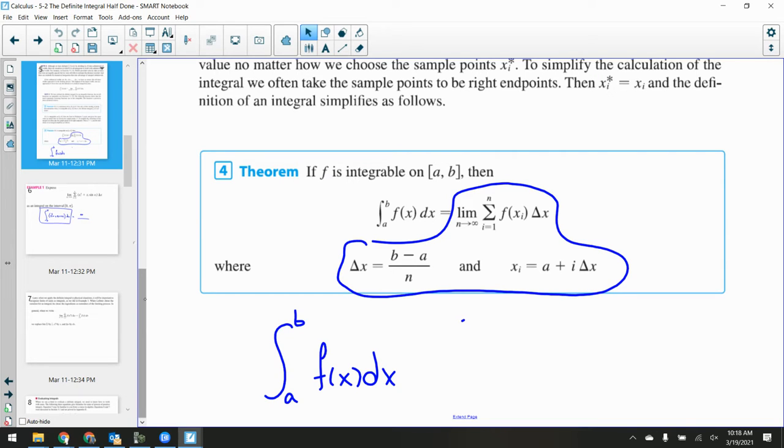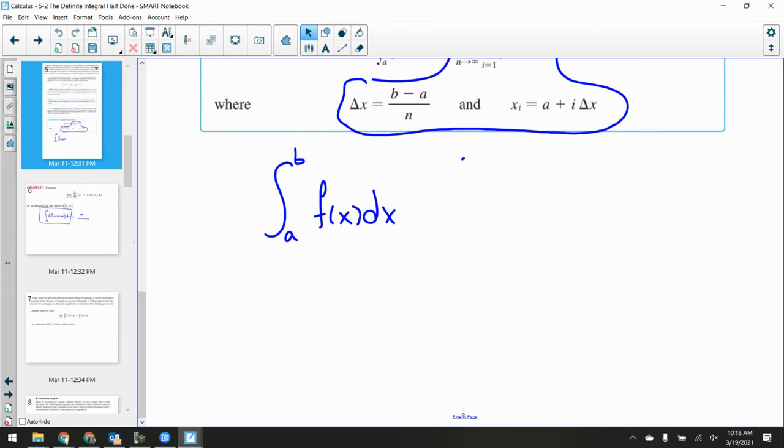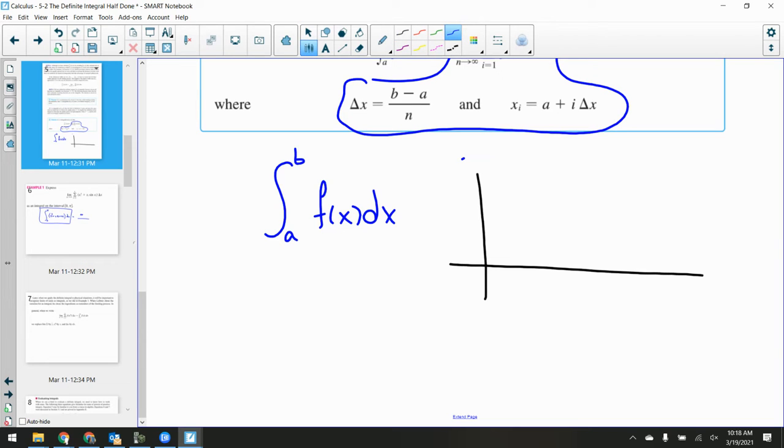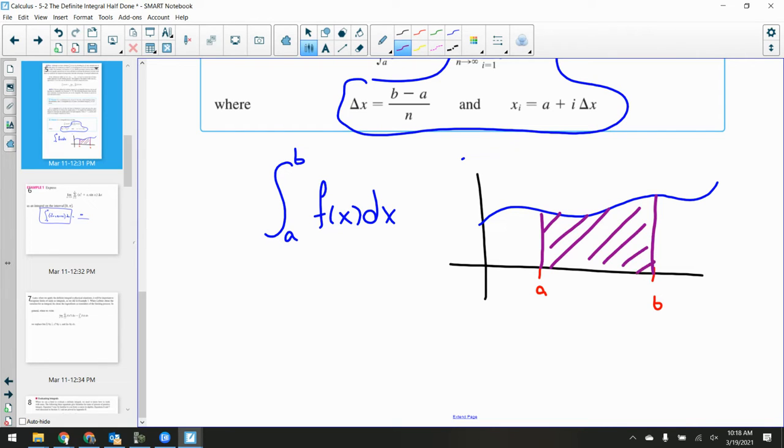Say here's A and here's B. The integral is really equal to the area from here to here underneath that curve. From A to B of f(x) dx.